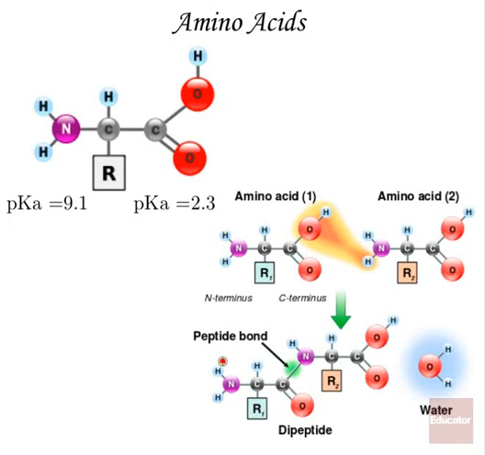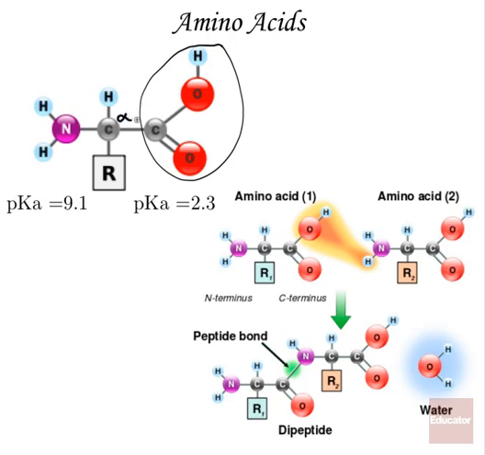So amino acids, as I said, are the monomers that make up proteins. And this is the general structure of an amino acid right here on the left. As we see here, we have a carboxylic acid group, we have a carbon bound to that, which is our alpha carbon.